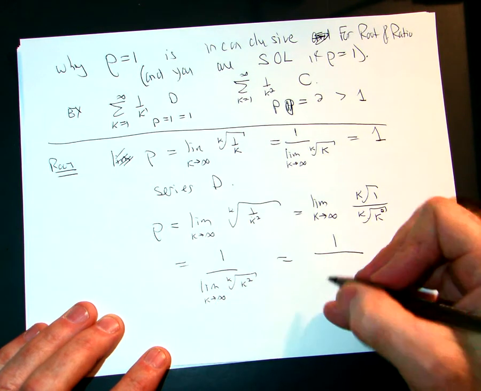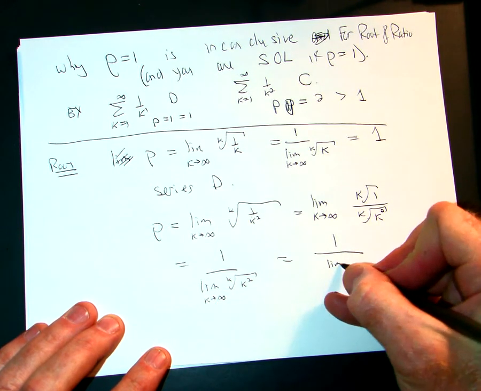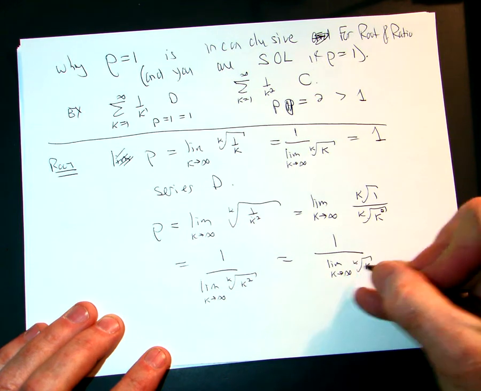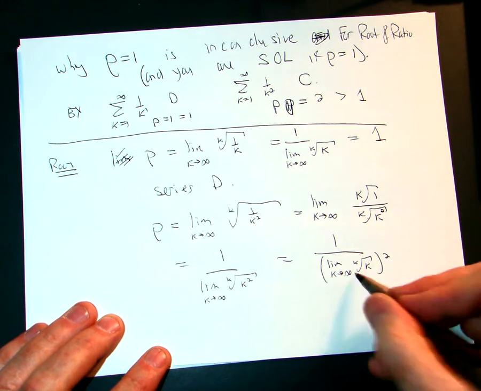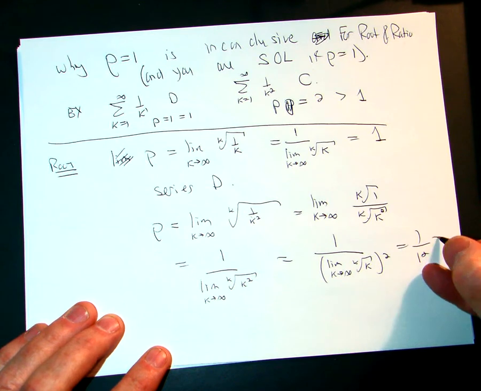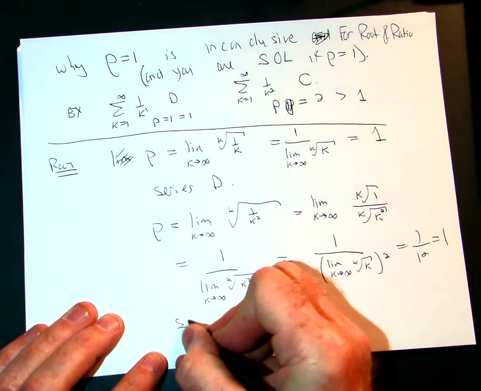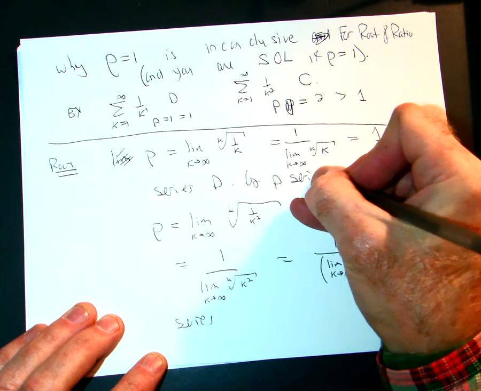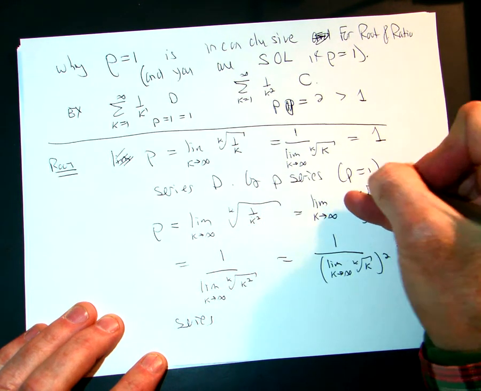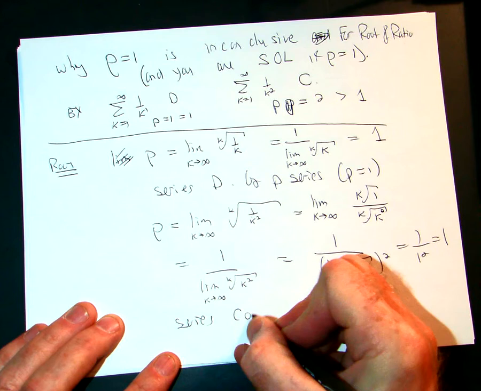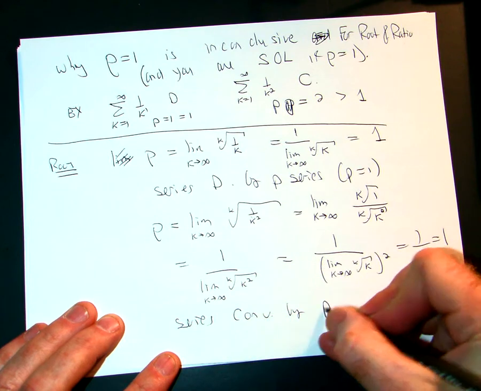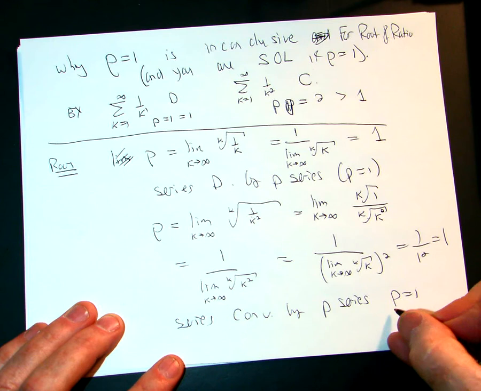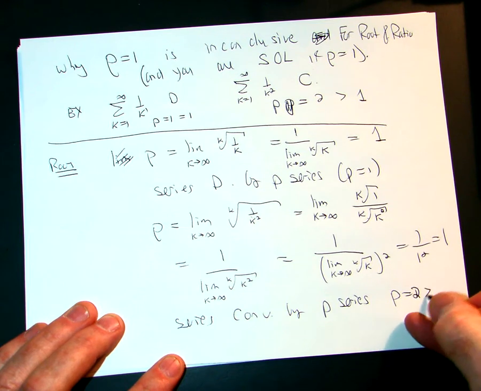This is really equal to the limit as k goes to infinity of the kth root of k squared. That's 1 over 1 squared, which is 1. In this series, I should mention that this series converges by a p series with p equal to 2, greater than 1.